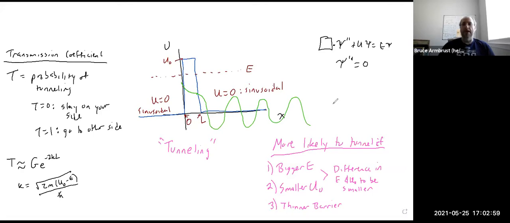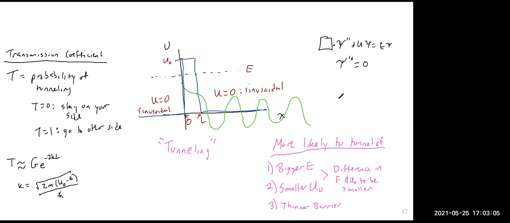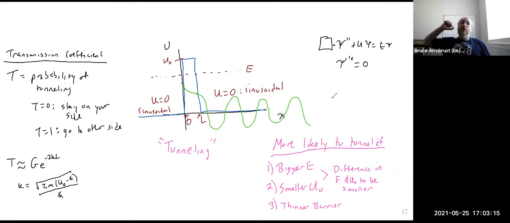So what kind of psi do you get? Just a constant, or just an x, for whatever your variable is. So you get a linear psi. So your wave function is linear, and so your probability is a quadratic.